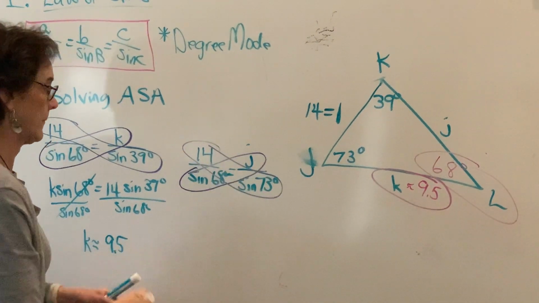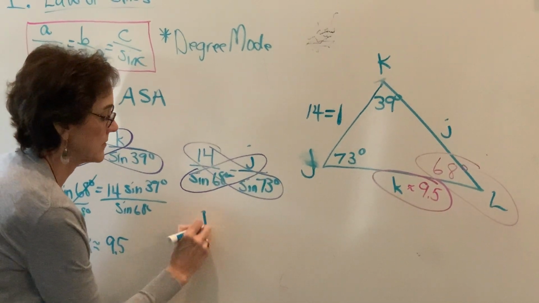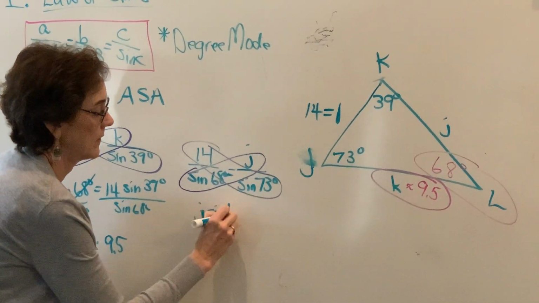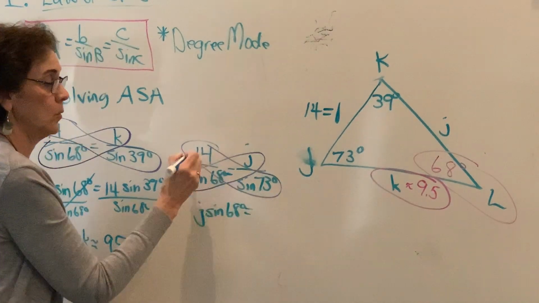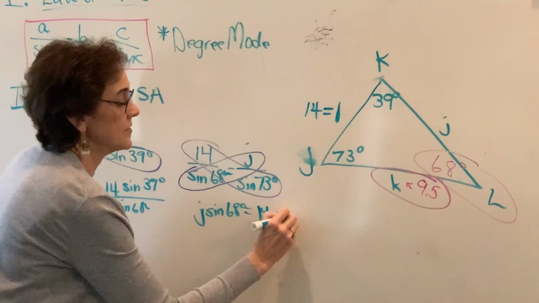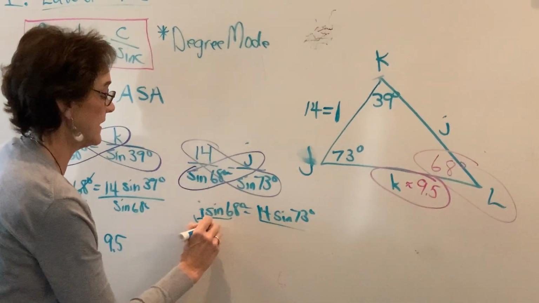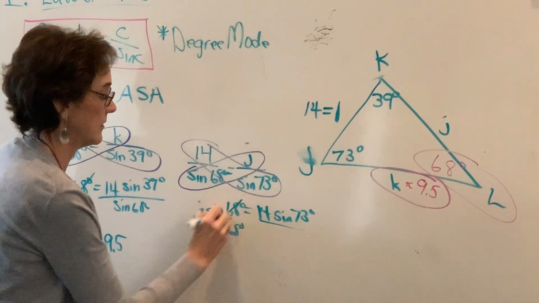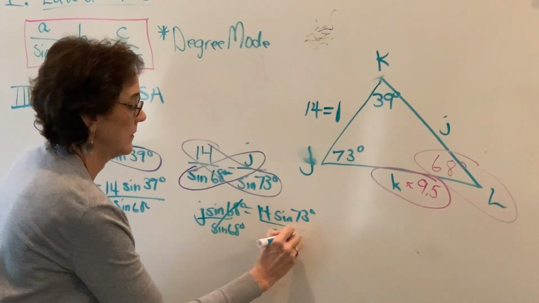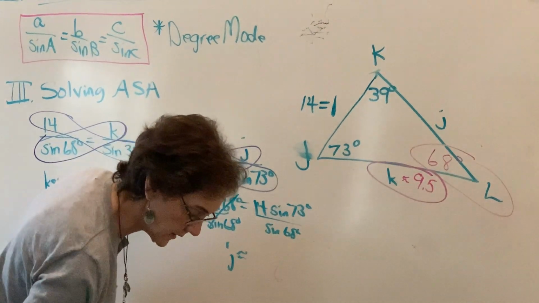So J times the sine of 68 degrees equals this cross product, 14 times the sine of 73 degrees. And then just divide by the sine of 68 degrees. So J is approximately, I've already done it, 14.4.